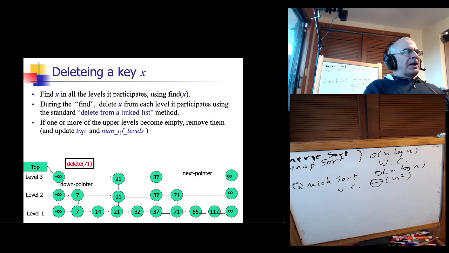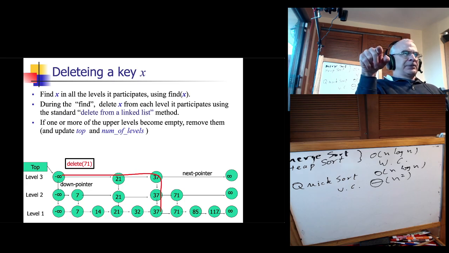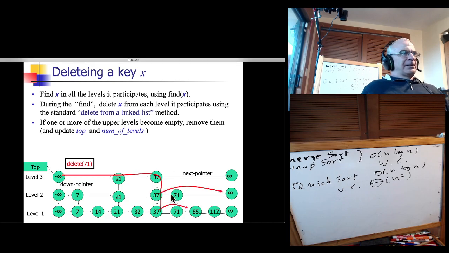Okay, we mentioned deletion. Let's mention it again. I want to delete an element. Well, I first need to find it, say I want to find 37. And now from every level that 37 participates in, I'm deleting it, just applying the very same algorithm that I used in the one-dimensional sorted linked list that we had in the beginning of the slides. So I want to pick 71.